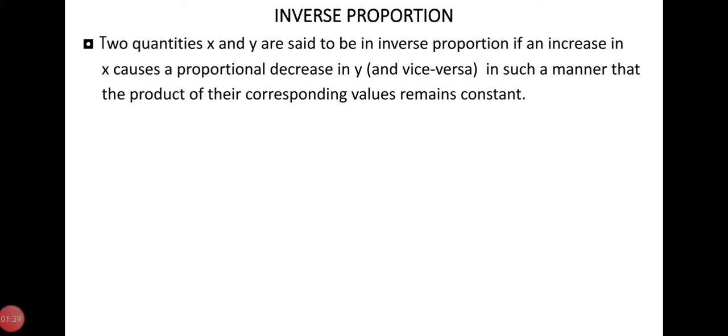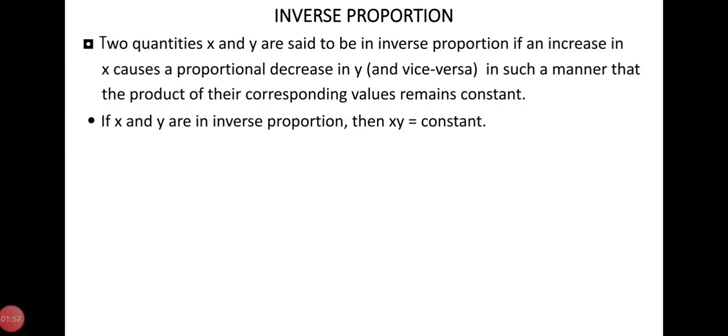And that increase and decrease takes place in such a manner that the product of the corresponding values of these two quantities remains constant. That is, if x and y are in inverse proportion, then xy equals constant.